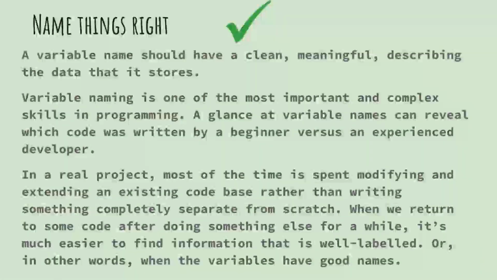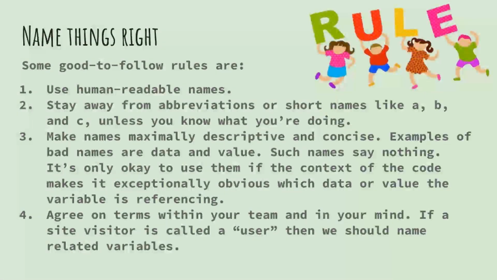In real projects, most of the time we spend is modifying the existing code rather than writing something from scratch. When we return to the same code after some time, it is much easier to find information that is well labeled, or in other words, when the variables have good names. There are some rules we should follow in naming variables.